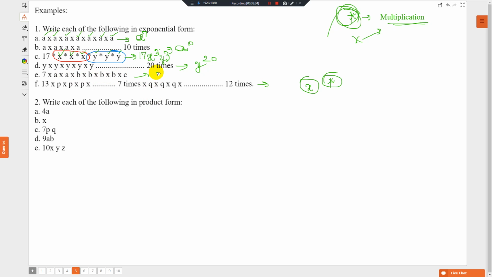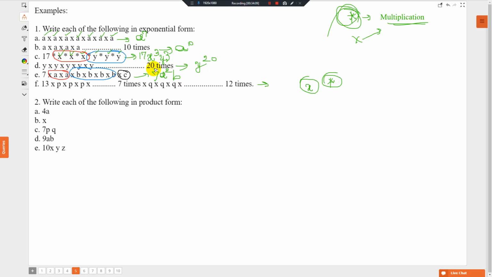So first one, what we have to do? Write the number. Then group them. See, now I have grouped them. In the first group, which letter is used? a. How many times? 2 times. So we write 2 upon a. And second group, which letter is used? b.